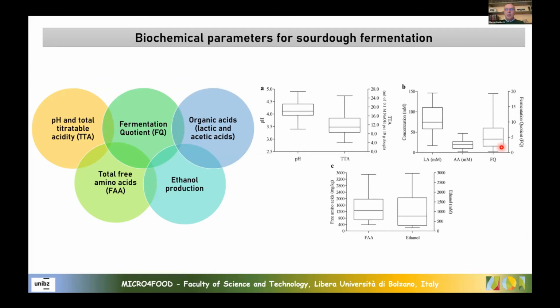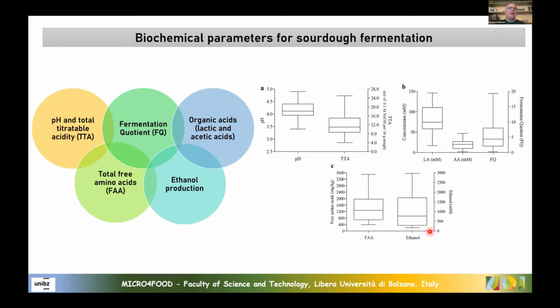Other parameters that you can determine are the concentration of free amino acids as the result of the degradation of proteins, especially by lactic acid bacteria, and the content of ethanol that is mainly produced by yeasts.